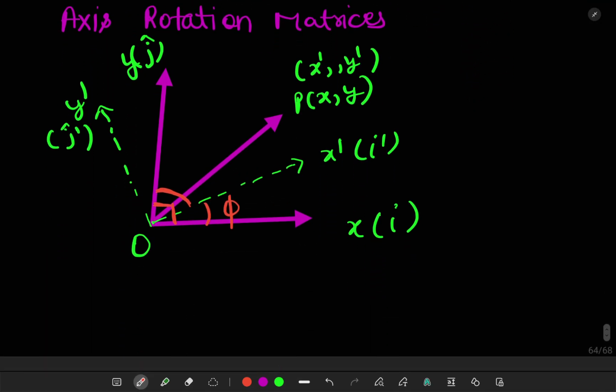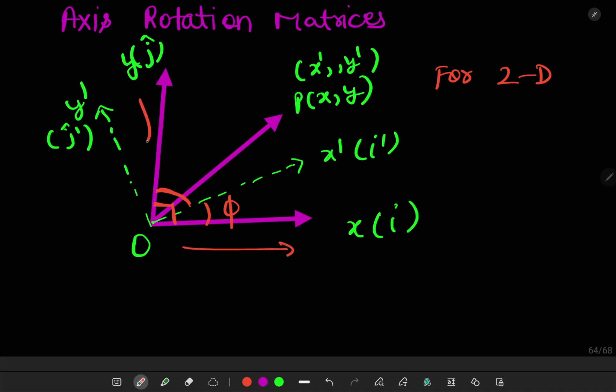Now this is a very important matrix for any competitive exam, because this may come in the TIFR exam this year maybe. Axis rotation matrix for two-dimensional.